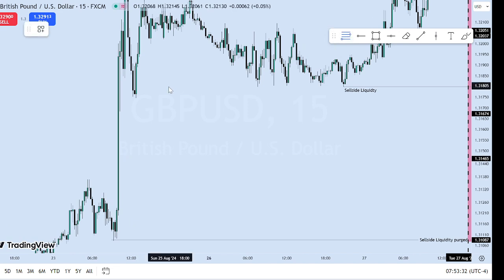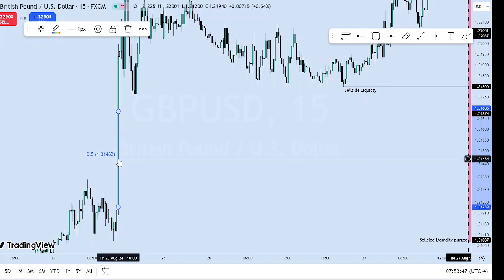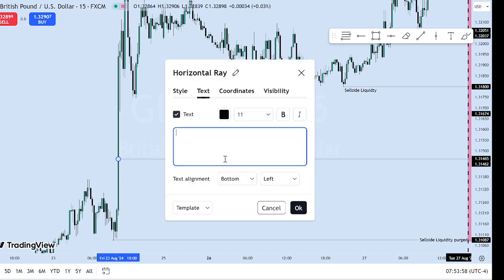So to measure the inefficiency, you measure from this candle low to this candle high. 50% of it, that's here. That's consequent encroachment, half of any inefficiency.